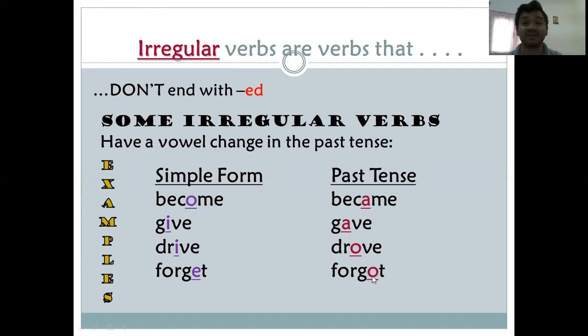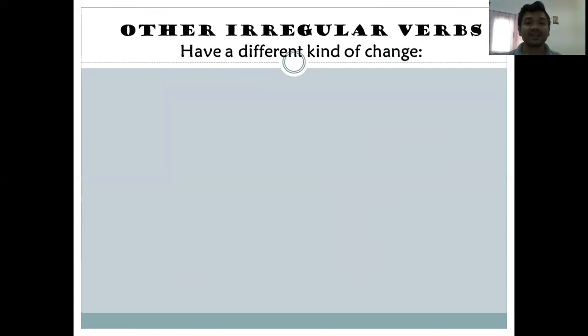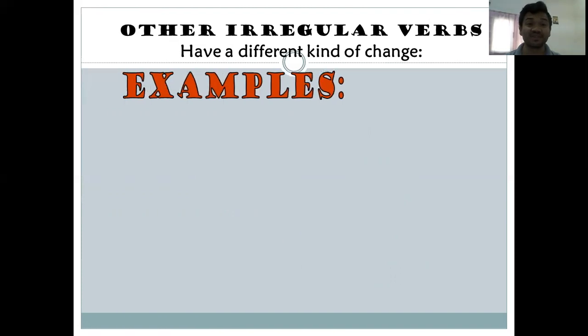So these are vowels. Okay, so next, other irregular verbs have different kinds of change. So irregular verbs are mysterious, as they say.